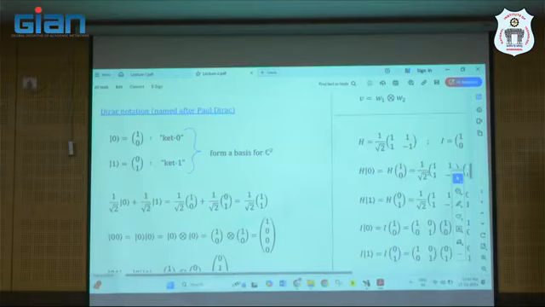So for brevity, we will often skip writing the tensor product. We'll just write ket 0 followed by ket 0. For further brevity, we will just write ket 0 0. But it actually represents 1 0 tensor 1 0, which is 1 0 0 0. Agreed?